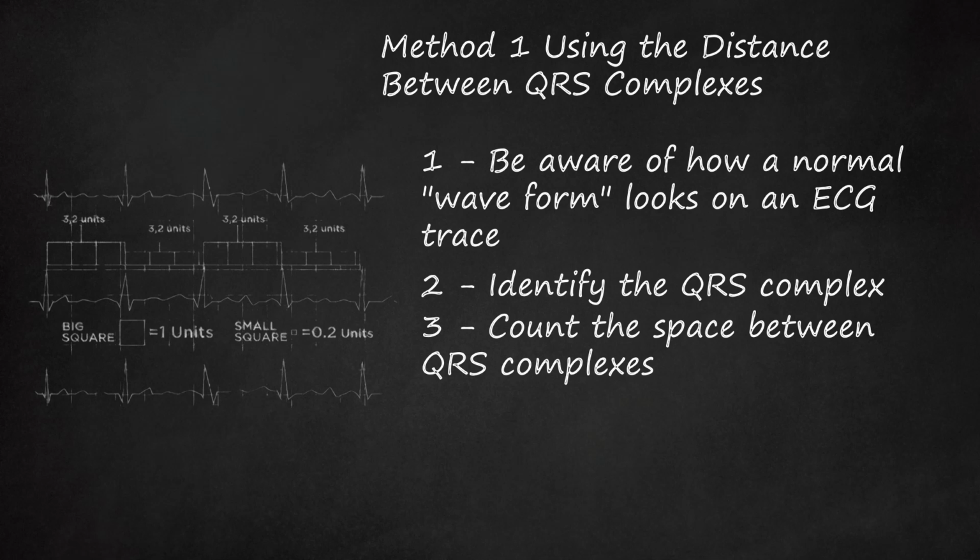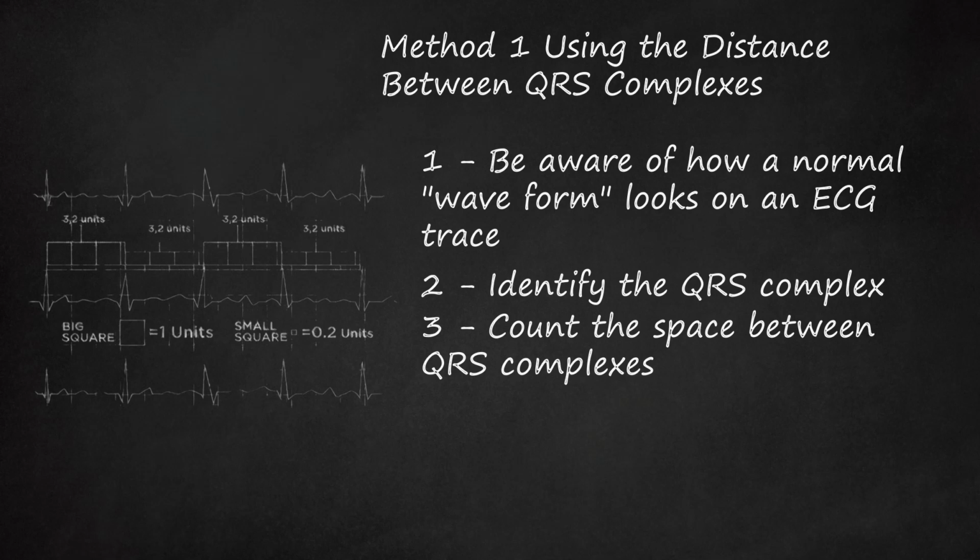Go from the peak of one QRS complex to the peak of the following QRS complex. Note the number of large squares separating the 2 points. Often, it will be a fractionated number as the complexes will not land exactly on the squares. For instance, 2.4 squares or 3.6 squares may separate adjacent QRS complexes.